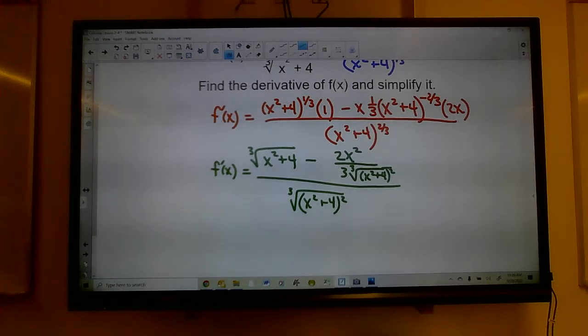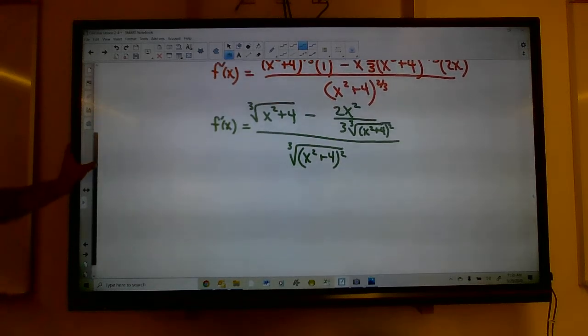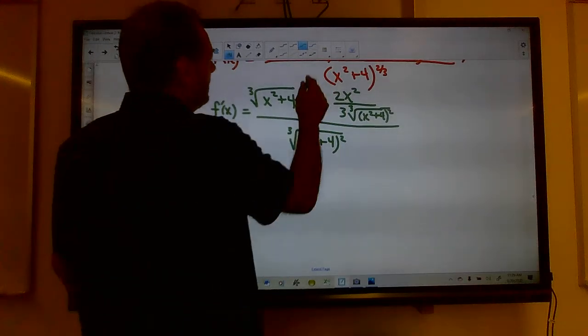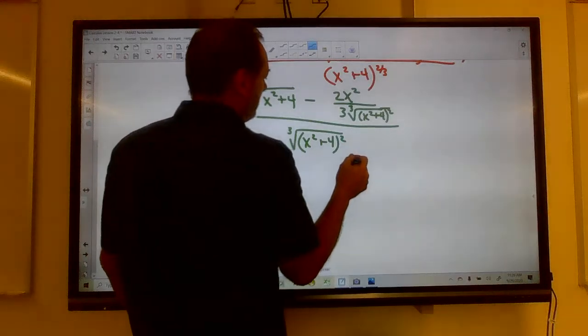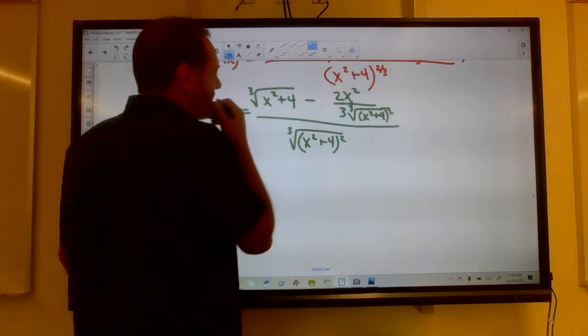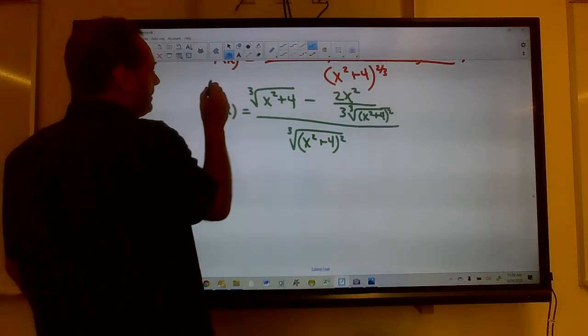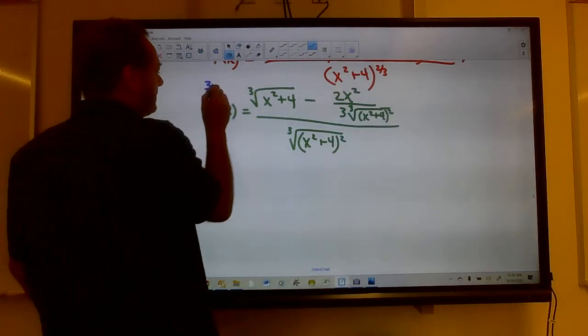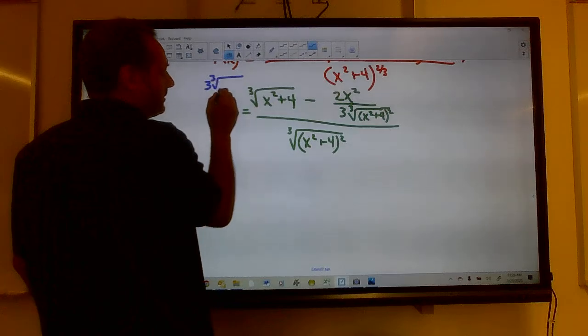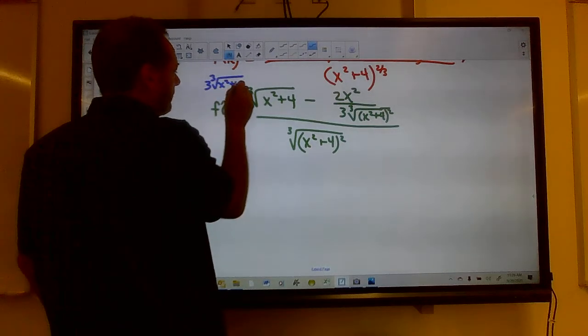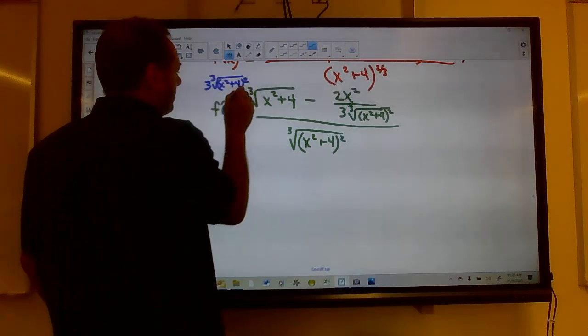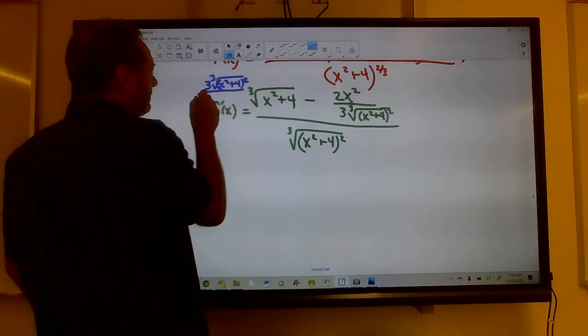Okay, so we got some algebra to simplify this thing. I would go ahead and multiply this one over here by 3 times the cube root of x squared plus 4 squared over itself.